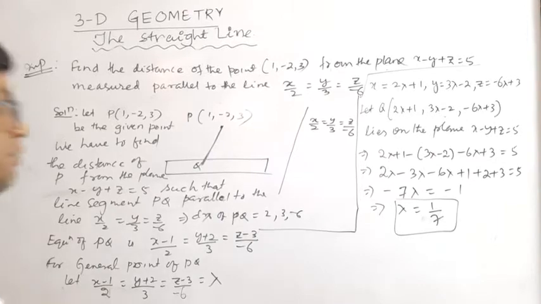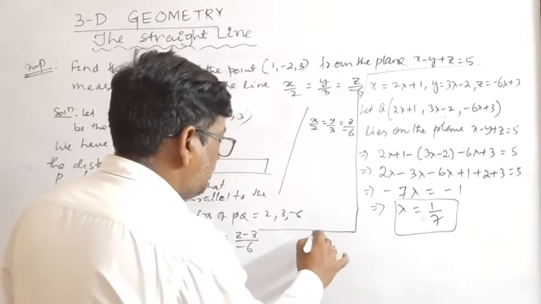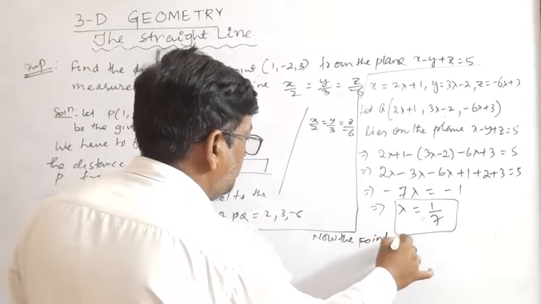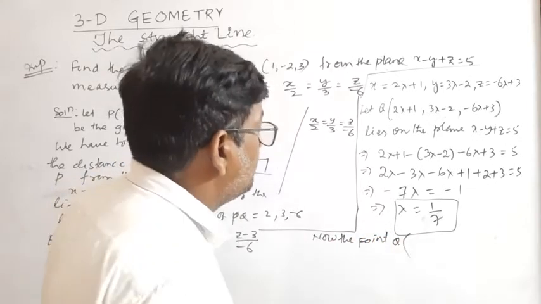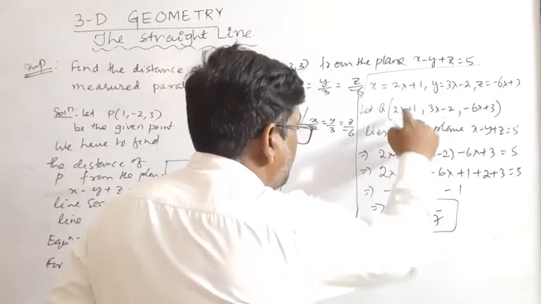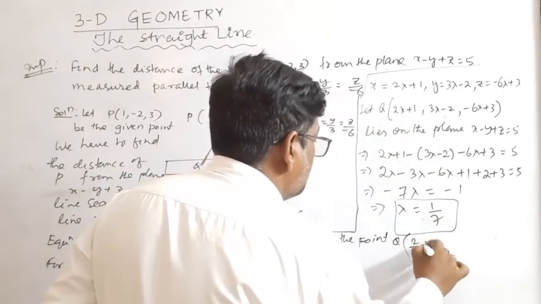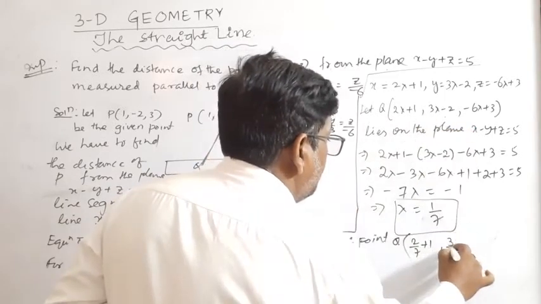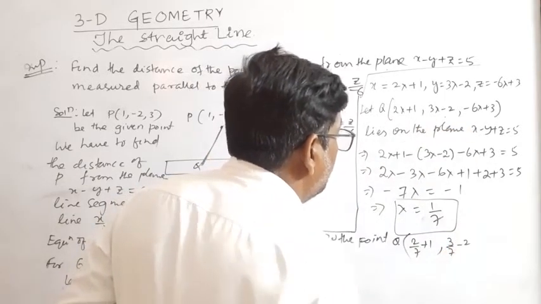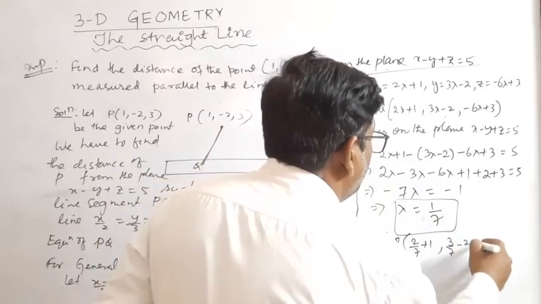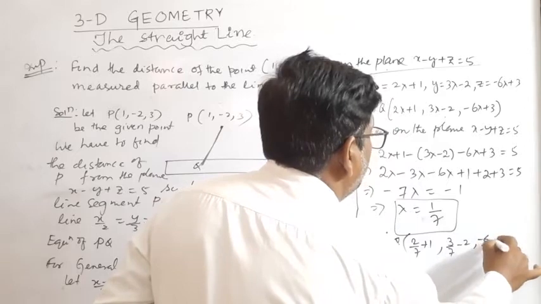Now the point Q, with lambda equal to 1 by 7: 2 by 7 plus 1, 3 by 7 minus 2, and minus 6 by 7 plus 3.